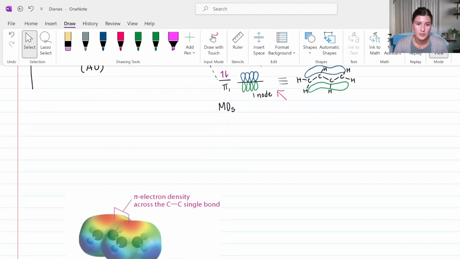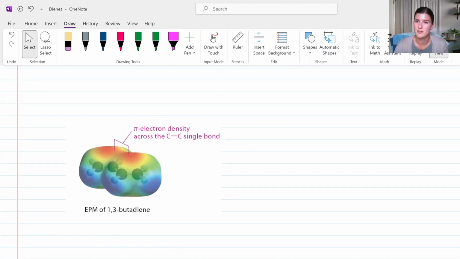I have an image down here. I don't expect you to be redrawing this in your notes, but this just shows the electron density in this molecule, where the red color represents higher electron density.